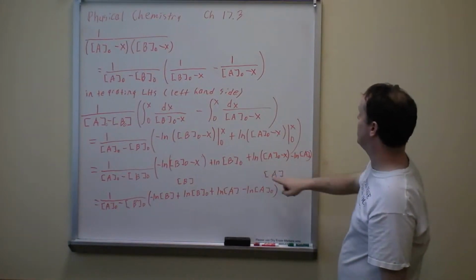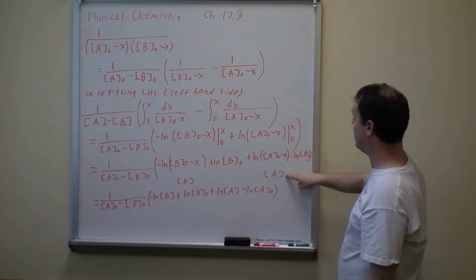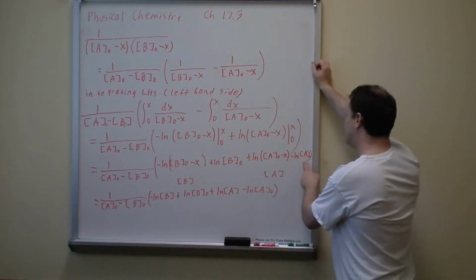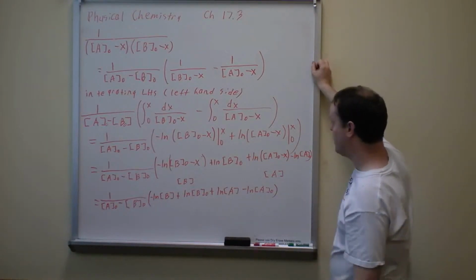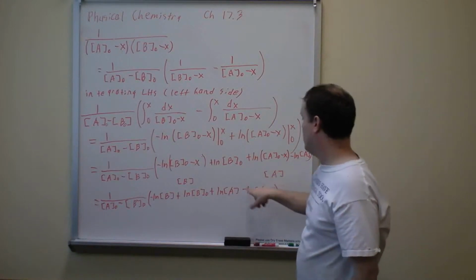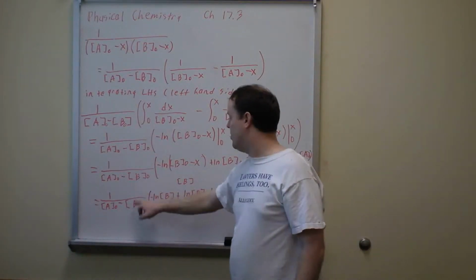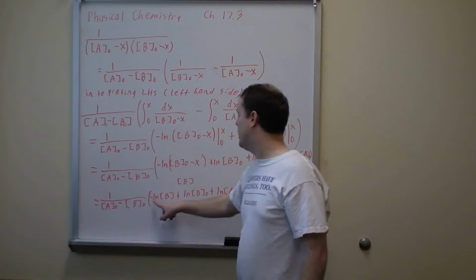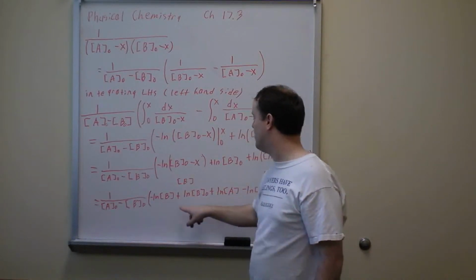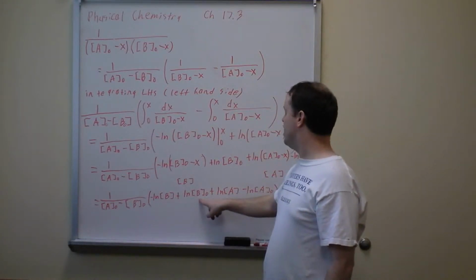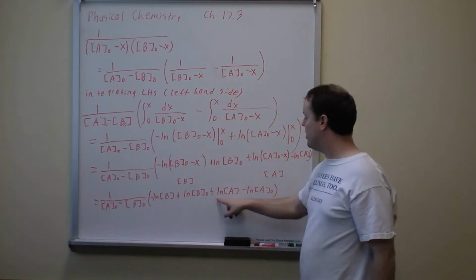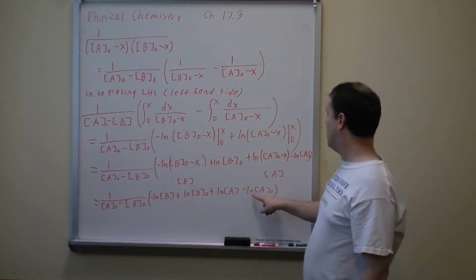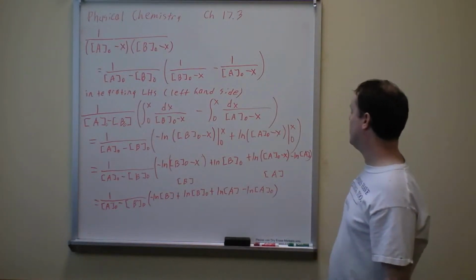And remember on the previous slide we showed how this is equal to the concentration of A. So we just substitute those in, and we still have the same factor out front. We get minus the natural log of the concentration of B, plus the natural log of the initial concentration of B, plus the natural log of A, minus the natural log of the initial concentration of A.